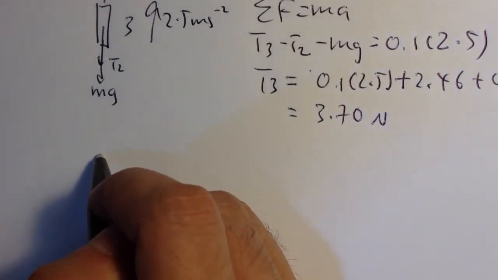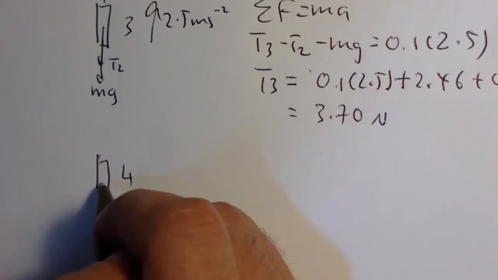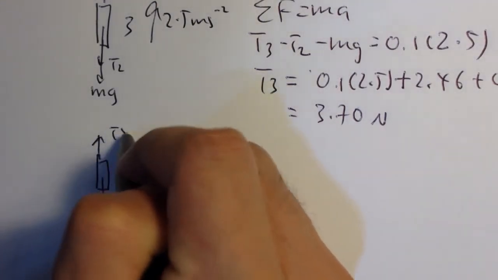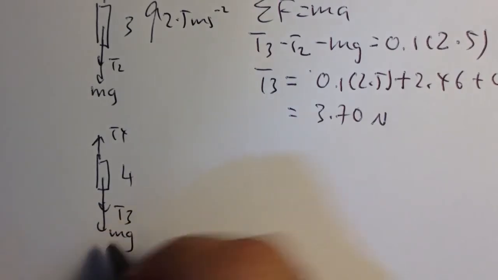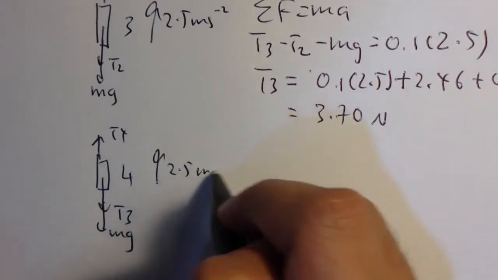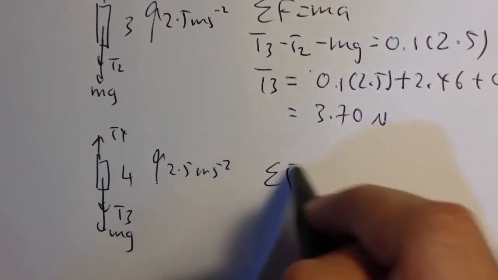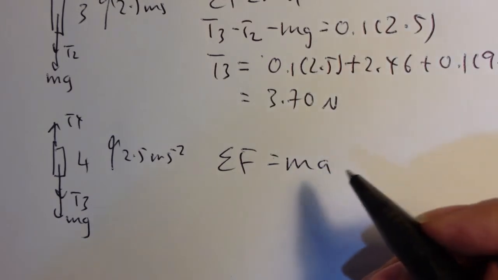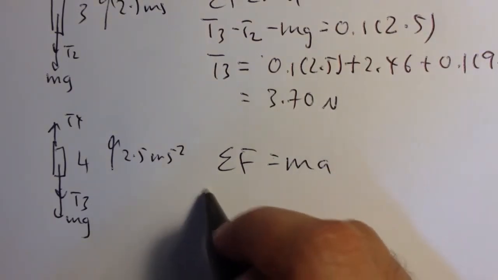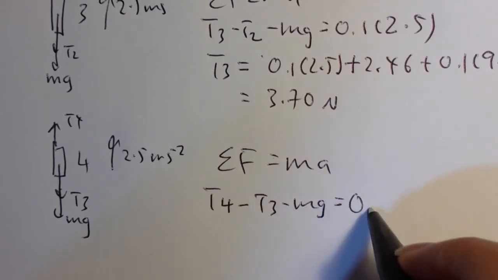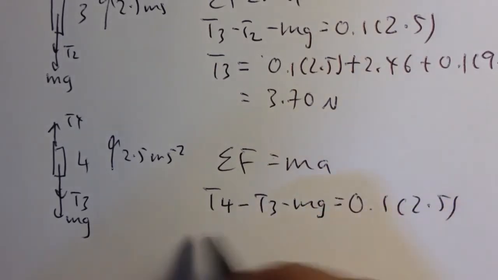And if we do this for link 4, then you have T3, T4, mg. Again, it goes up at 2.5 meters per second squared. If I apply Newton's second law to this, I should get T4 minus T3 minus mg equal to 0.1 times 2.5.